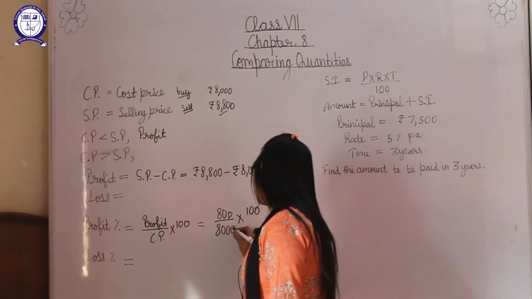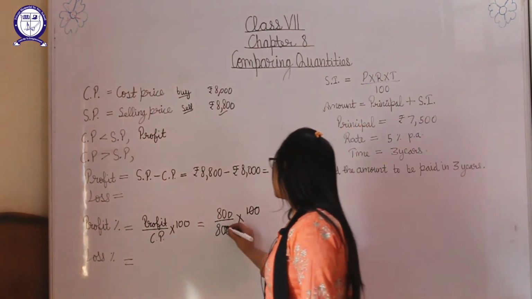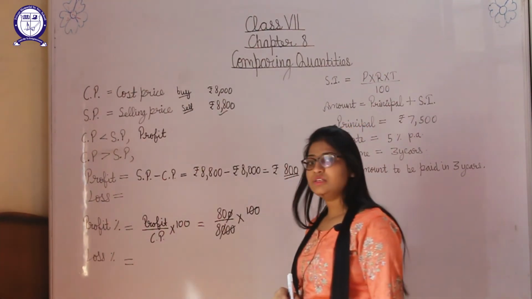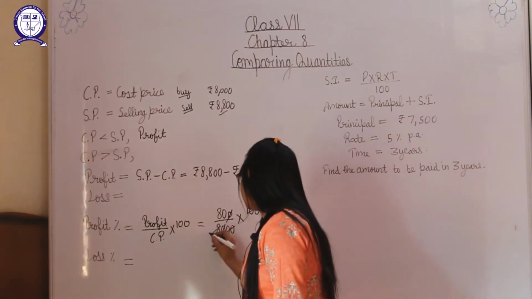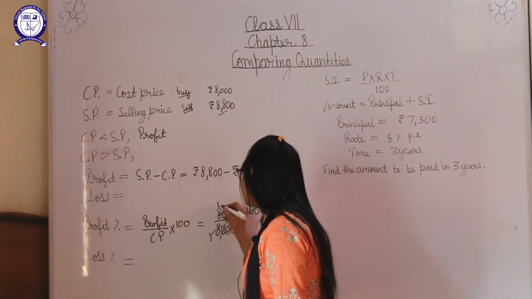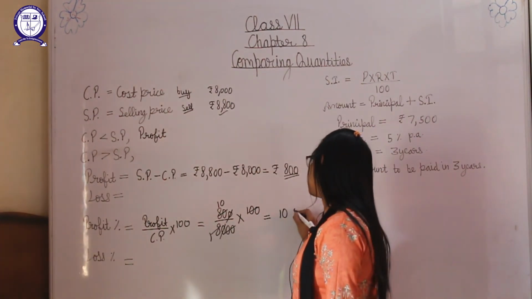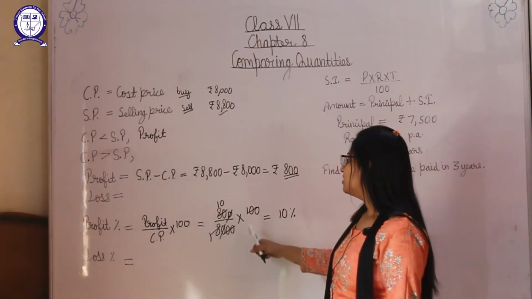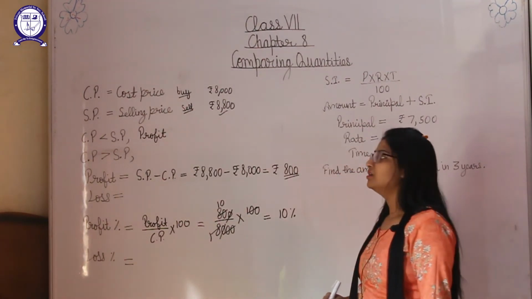Okay, now these two zeros of 100 can be cancelled out by these two zeros of 8000. Now 80 is left and 8 is left. So 8 ones will be 8, and here 8 tens will be 80. So what are we getting? We are getting 10%, right? When we solve this, we get 10%.